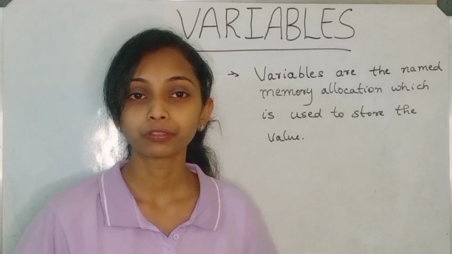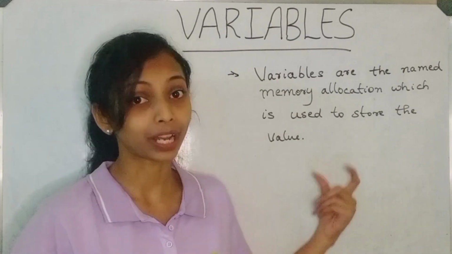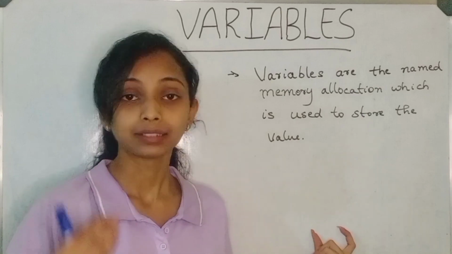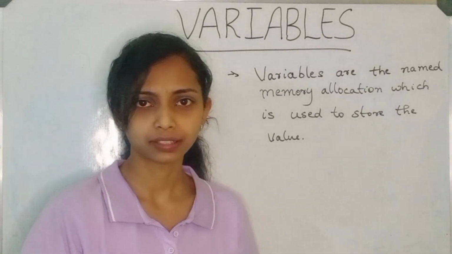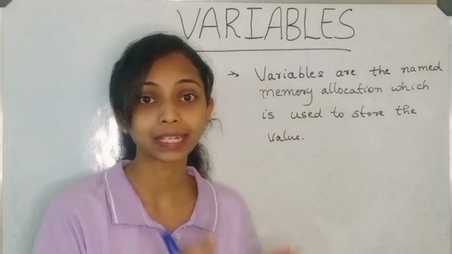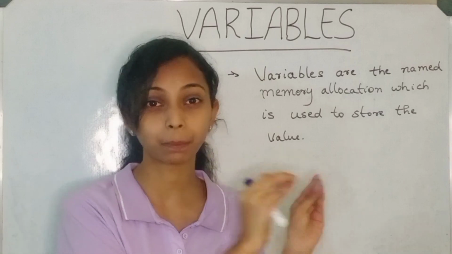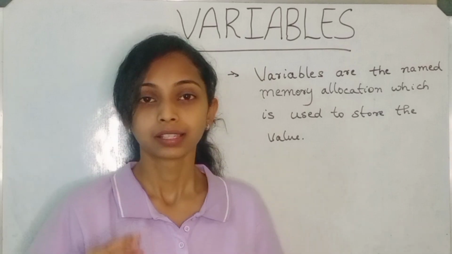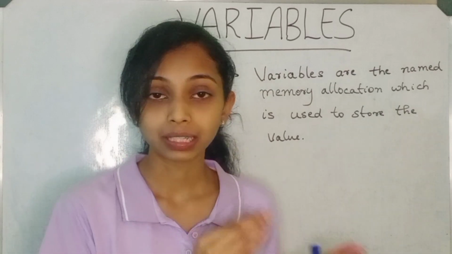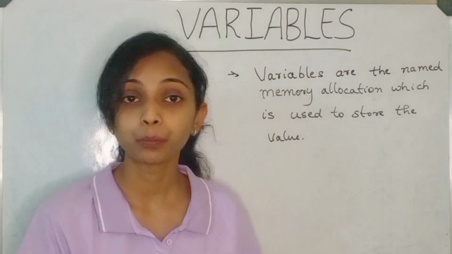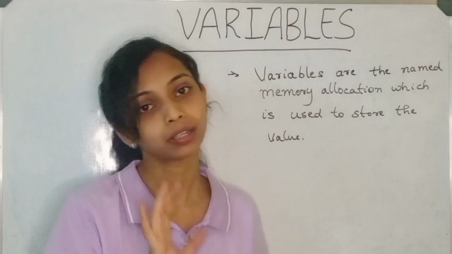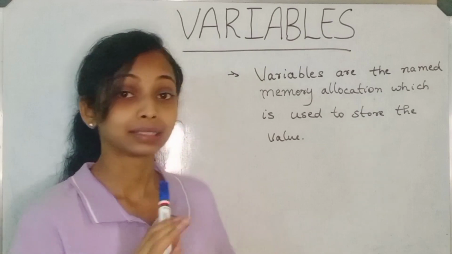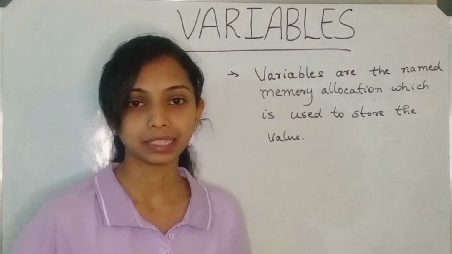So at that point of time, it is very important for us to write a program. Memory allocation is needed, where we allocate some memory space for some particular values. When you have some memory space allocated, it is very important to give a name for the memory. So at that time, a variable is needed.